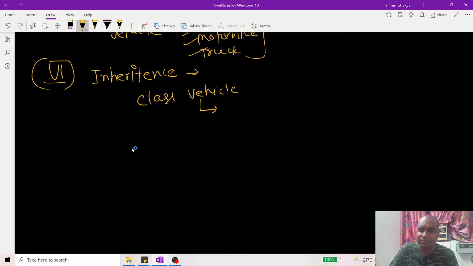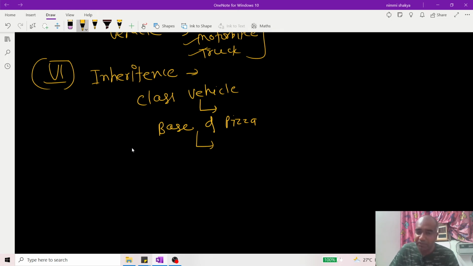Let us take a real world example. Suppose you go to a shop where you can find the base of a pizza. You can get the base of pizza.